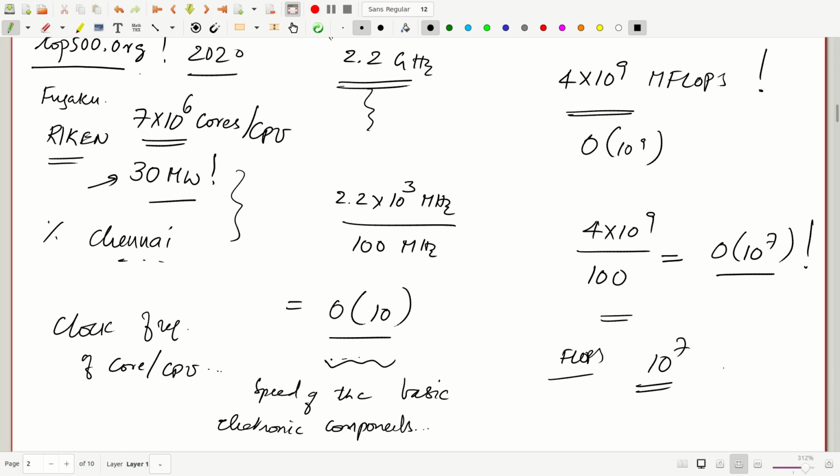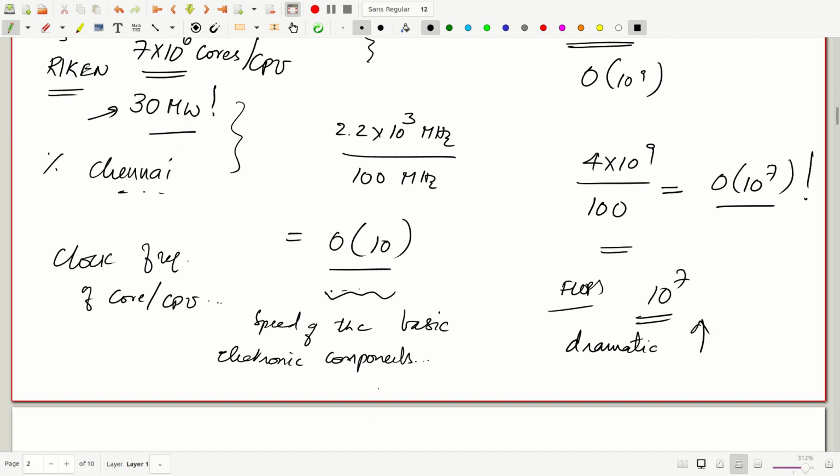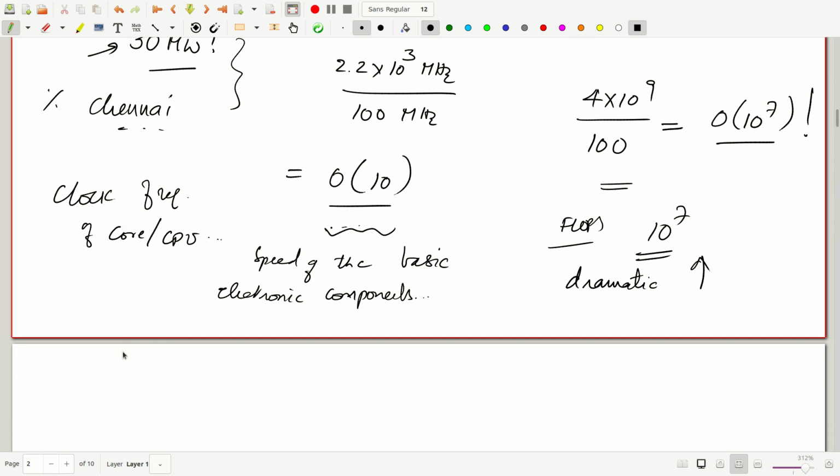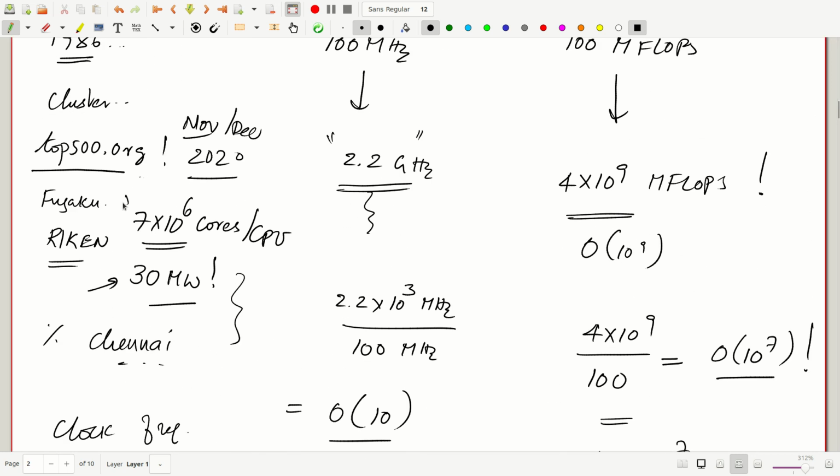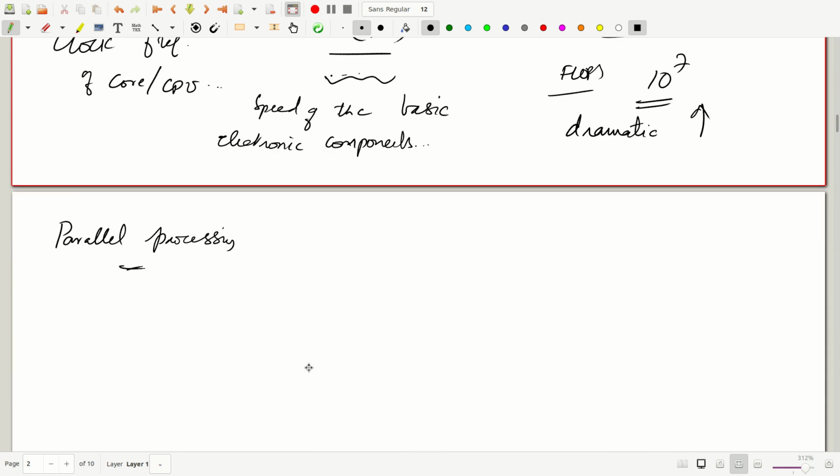That is quite a dramatic increase, right? And how did this happen? The answer to this lies in parallel processing, right? So we are talking about so many cores, right? That's why this has happened.